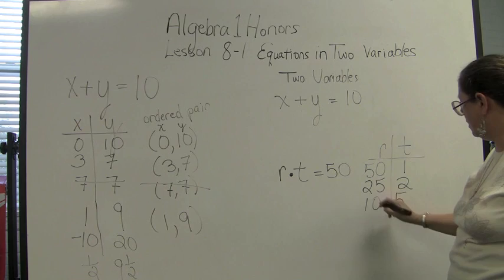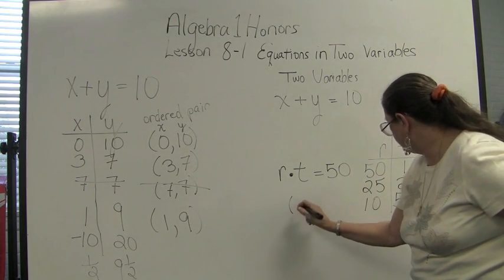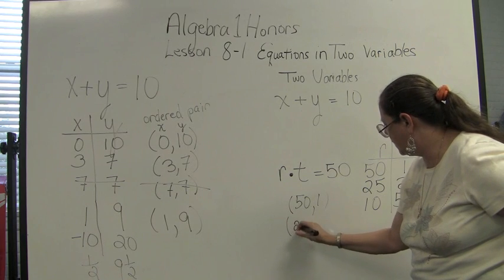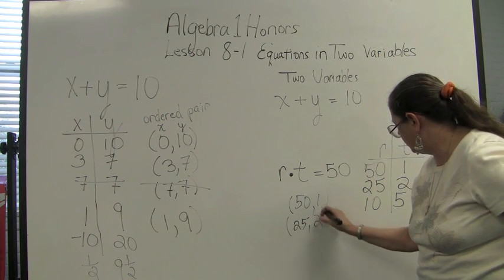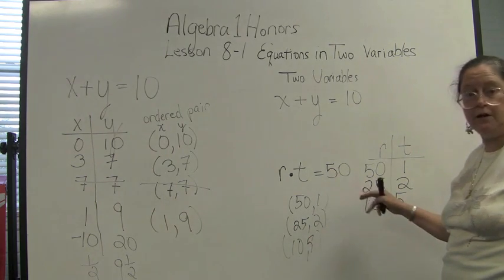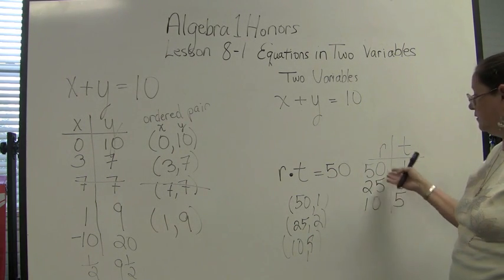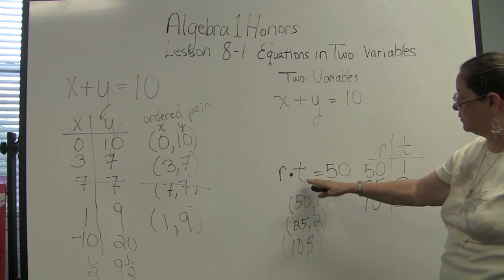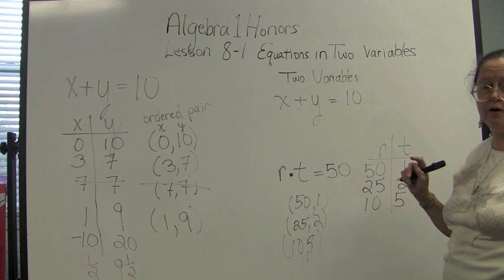Okay? So all of these ordered pairs, 50, comma 1, 25, comma 2, 10, comma 5, and there are many others, make this equation true. So we're now working with equations with two variables.